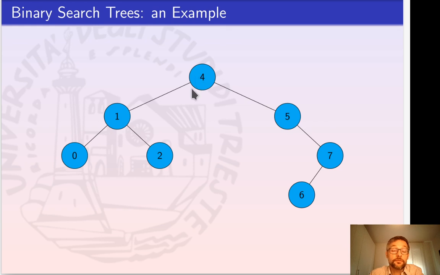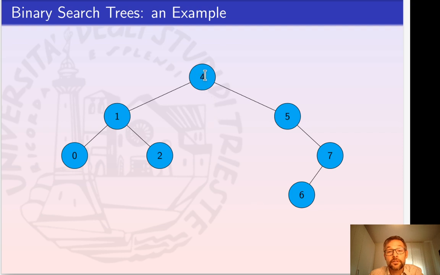An in-order visit visits all the nodes belonging to the left subtree of each node first, then the node itself, and then all the nodes belonging to the right subtrees of the nodes we are dealing with.